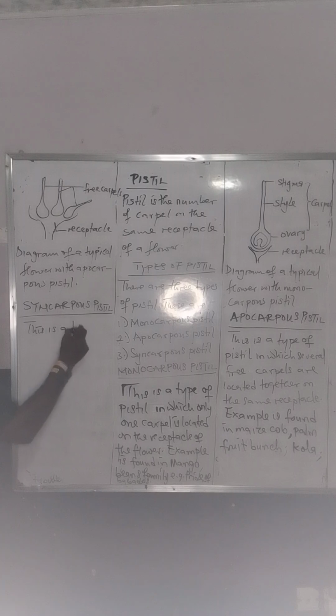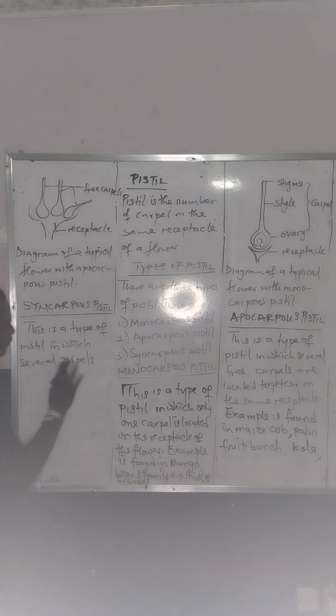This is a type of pistil in which several carpels, just like apocarpous, several fused carpels are located on the same receptacle. Example is found in orange, citrus.